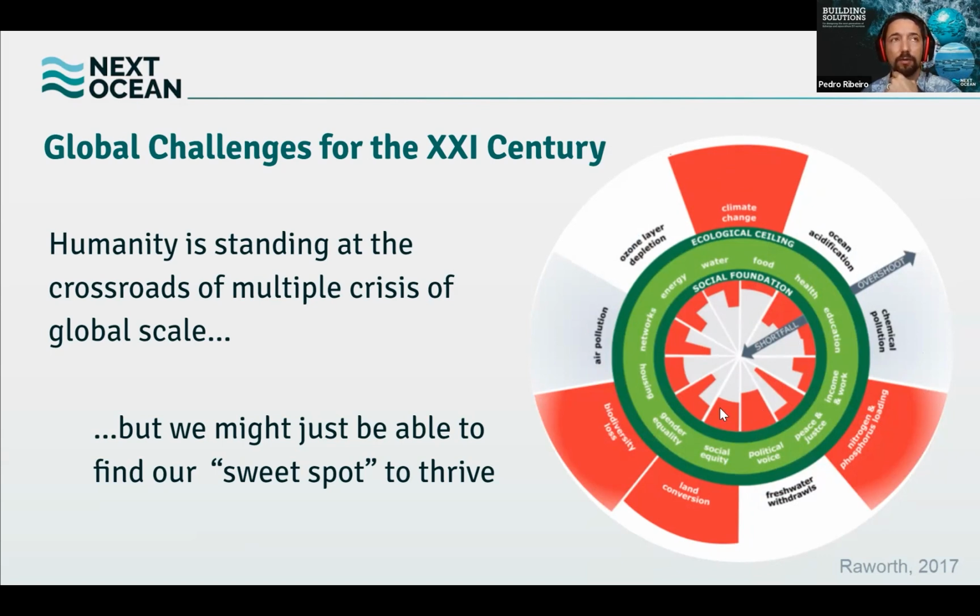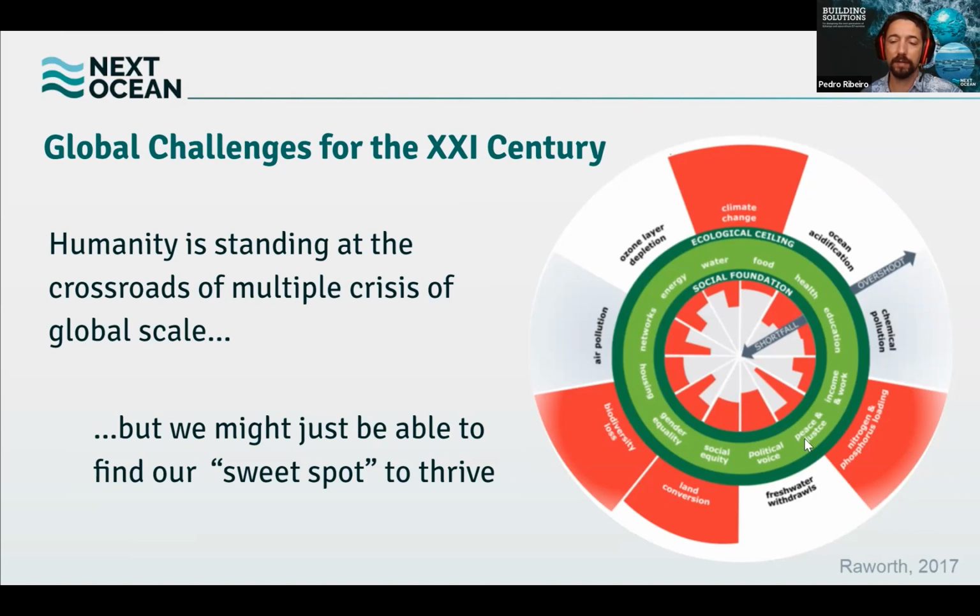So the idea is that humanity should be living within this doughnut figure, this green stretch here, which provides all the social foundation, all the social conditions for all humanity to be living fair and comfortable lives, but also at the same time respecting these planetary boundaries, so not overshooting those.